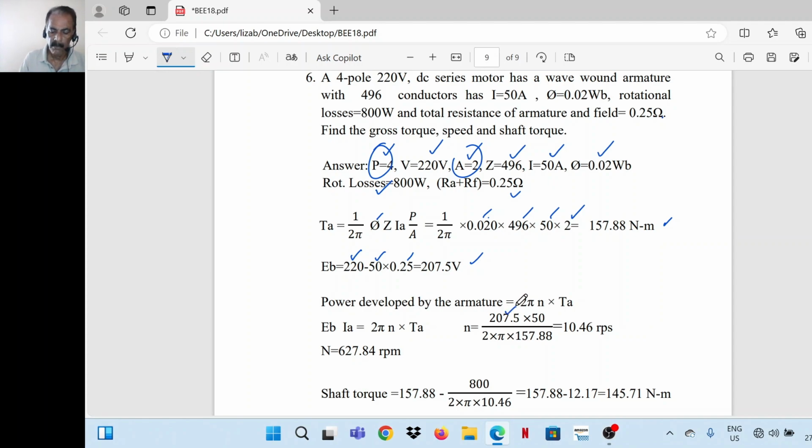EB is 207.5, IA is 50, TA armature torque is 157.88. We will get it as 10.46 RPS, or 627.84 RPM, 10.46 multiplied by 60.